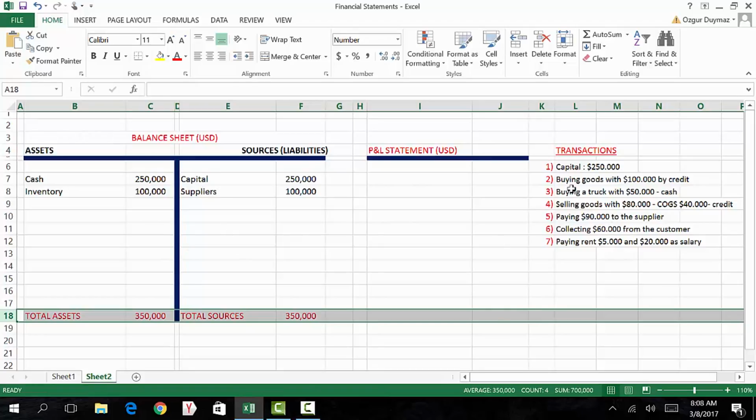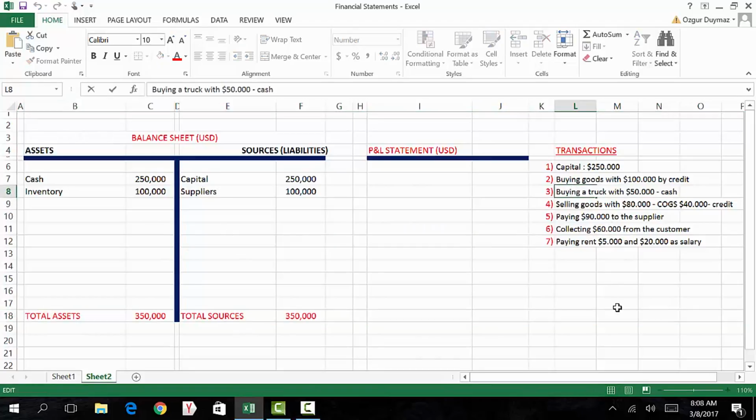Number 3. The company buys a truck to deliver their goods by cash. The cost is $50,000. You know, a truck is an asset, a long-term asset or non-current asset, or we can call it fixed assets.